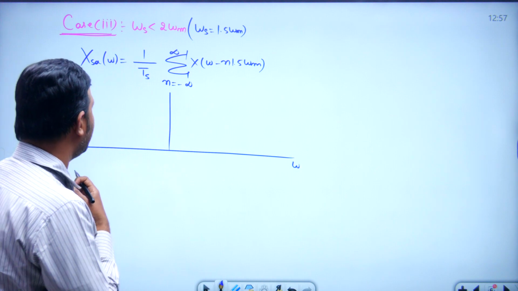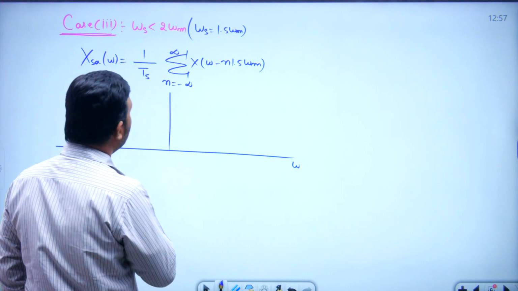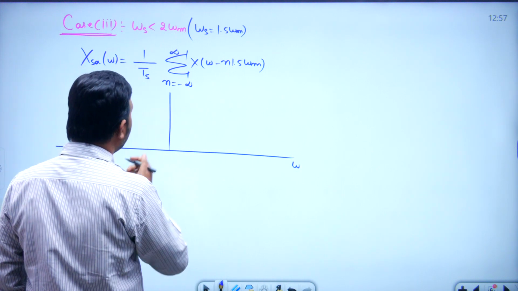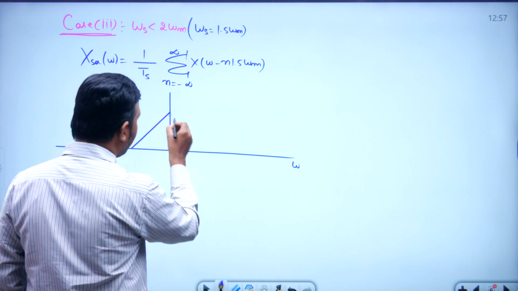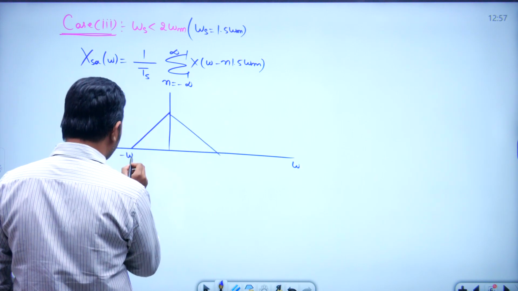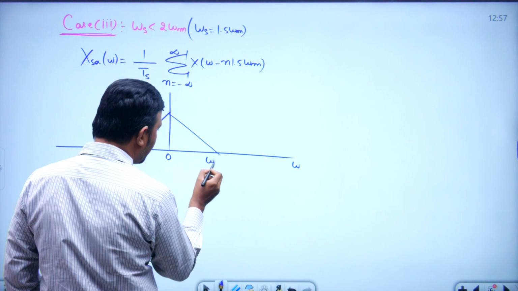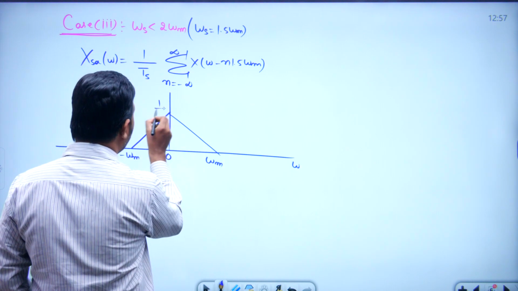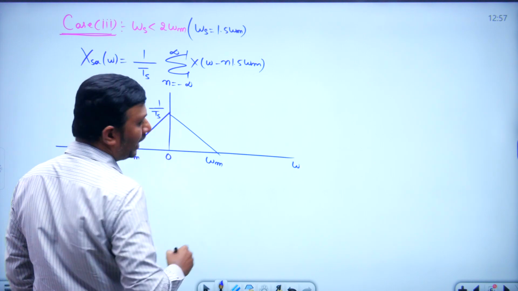What happens if I substitute n is equal to 0? N is equal to 0 means X of omega weighted by 1 by Ts. What happens if I substitute n is equal to 1?